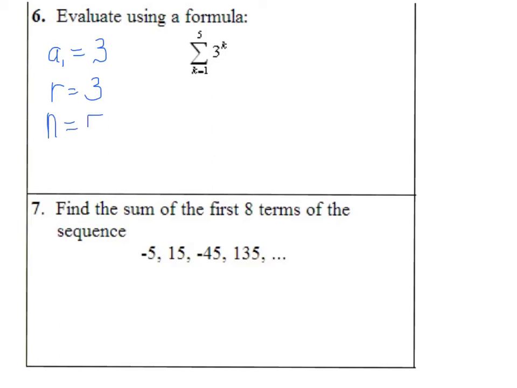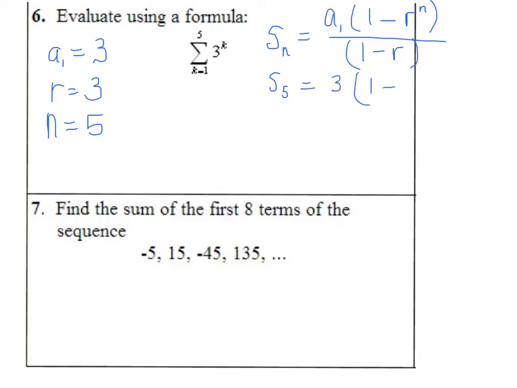And n is 5. So to find the sum, I find the sum sub n is equal to the first term, 1 minus r to the n over 1 minus r. That's the formula. All right, so s sub 5 is 3 times 1 minus 3 to the 5th power all over 1 minus 3.